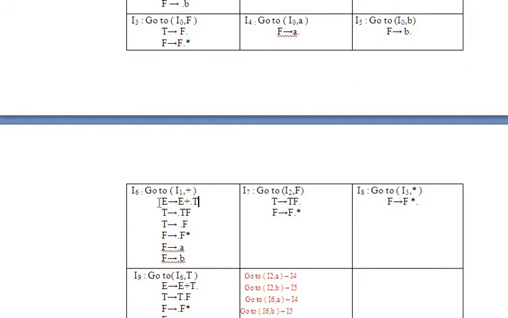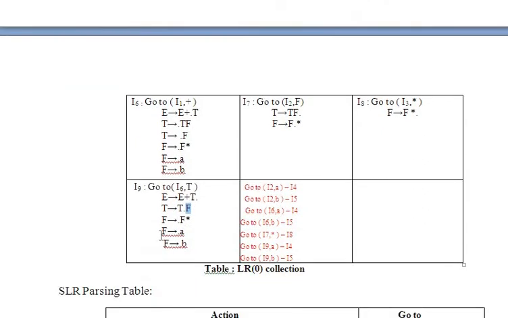So your productions are E gives E plus T dot and T gives T dot F. Here after the dot you have a non-terminal, so use its productions: F gives dot F star, F gives dot A, and F gives dot B. Next I7 on star.